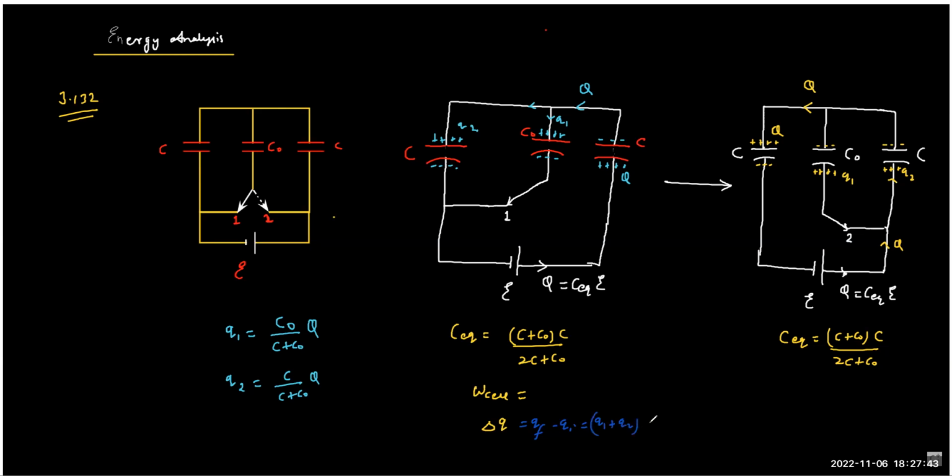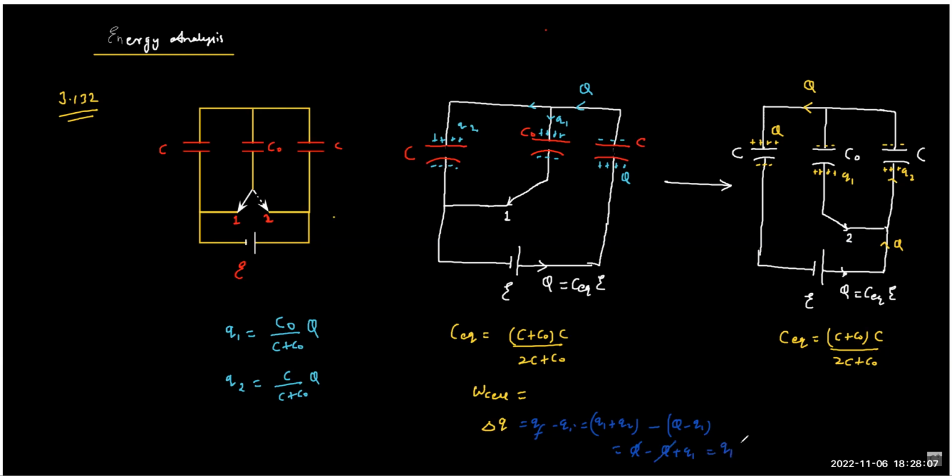So we always check the new configuration and compare the same plate with the old configuration. In the old configuration, the net charge was basically Q minus Q plus Q1.